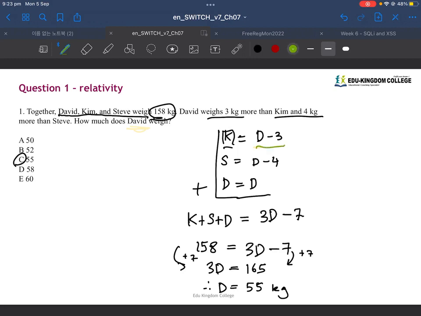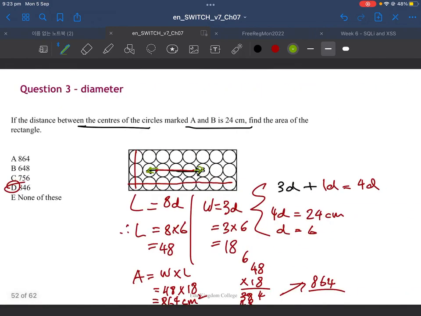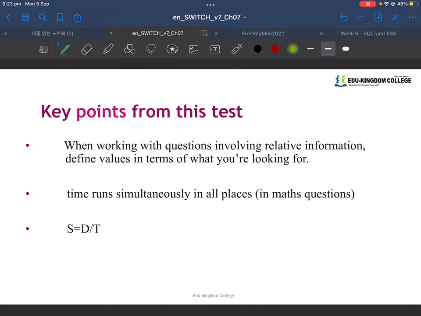And we're trying to look for David, right? Can you see that I've stated all these pronumerals in terms of David, so that I can easily transfer the information in and find the answer. So when working with relative information, make sure you've defined values in terms of what you're looking for.